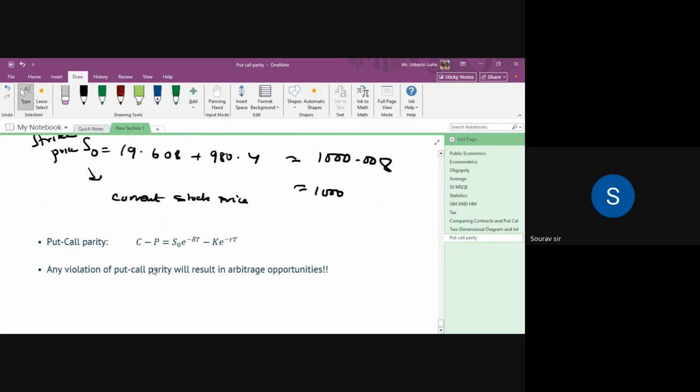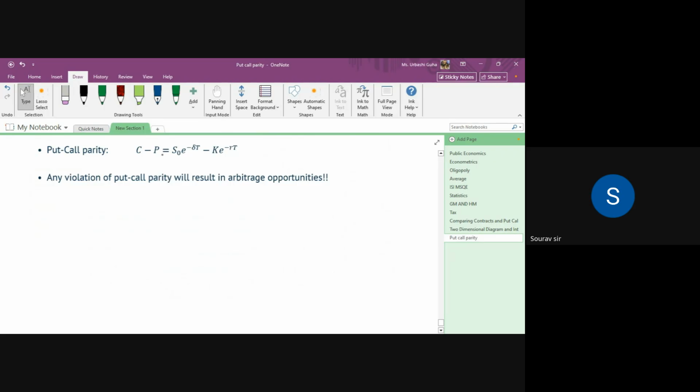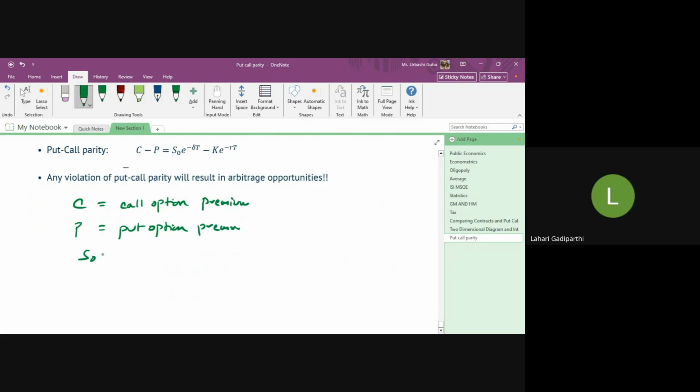Put call parity is C minus P. I told you the definition. C is what? The call option, right? P is the put option. S naught is the current stock price.